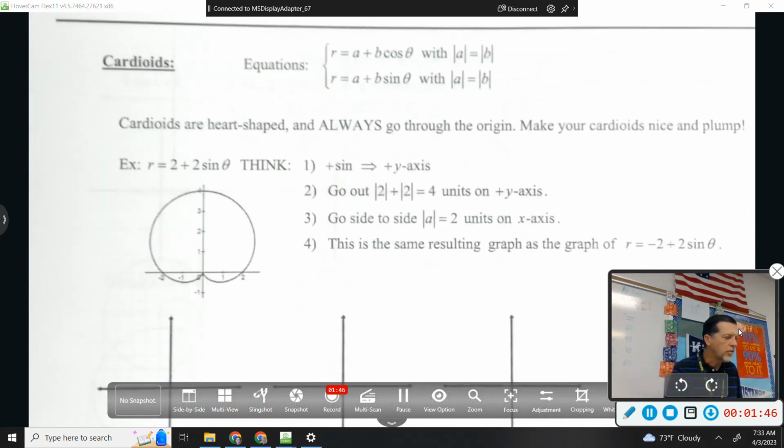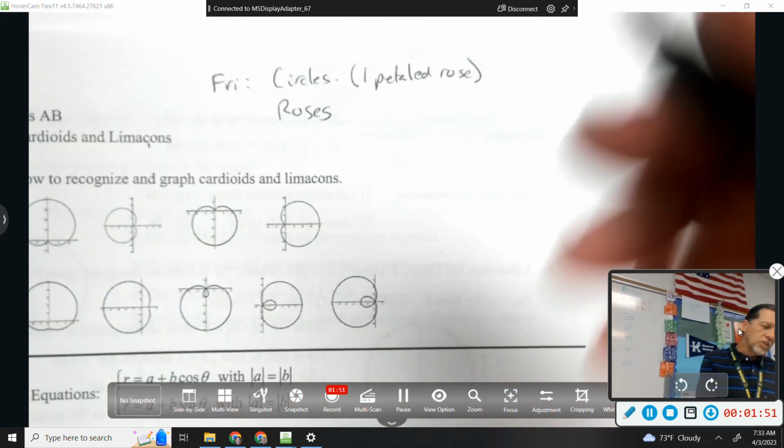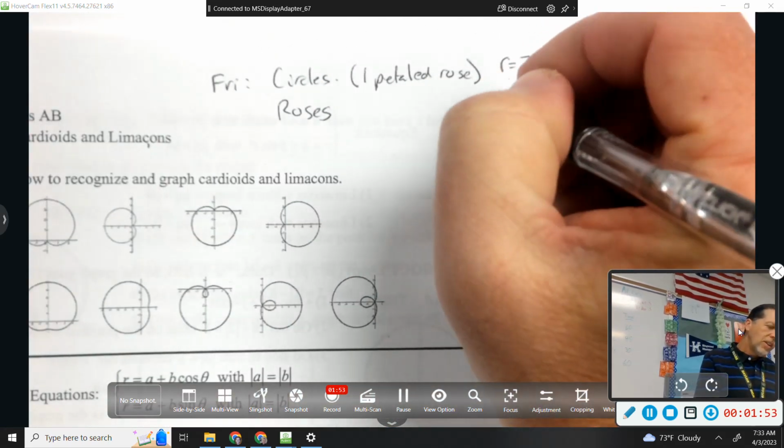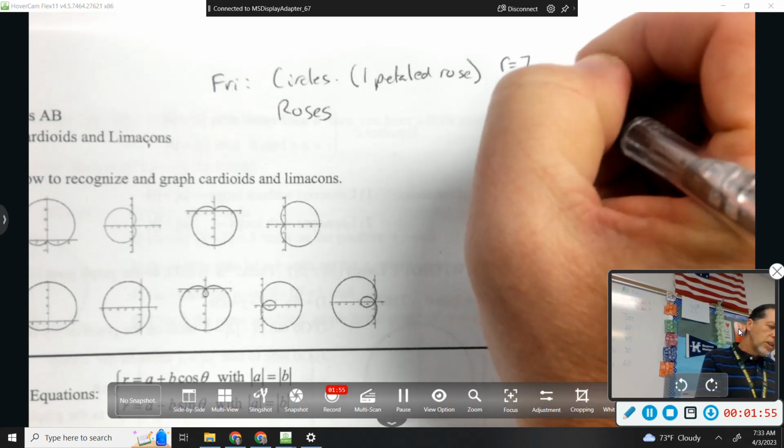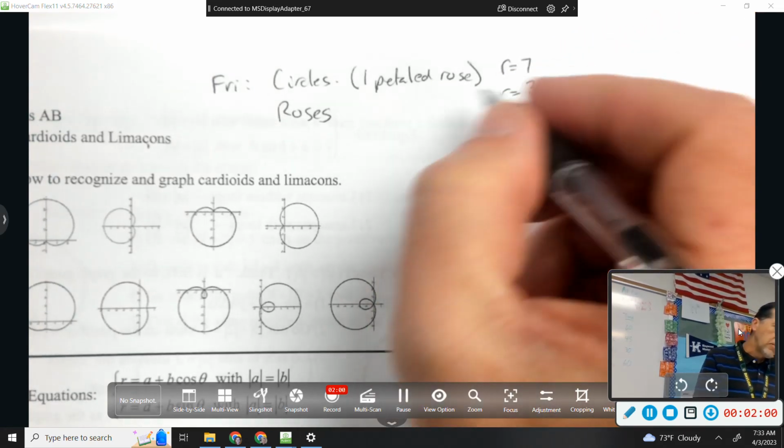All right, the equation for a cardioid. Let's back up a second. Circles was r equals 7, or r equals 3 cosine 5 theta. Whoops, sorry, that wouldn't be a circle, that'd be a rose.